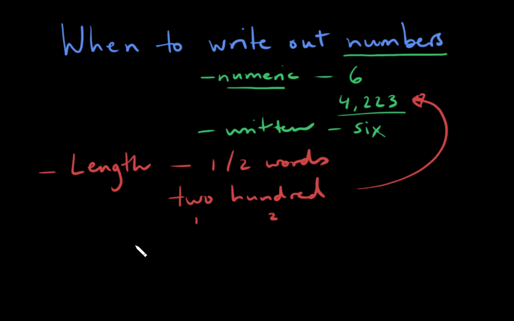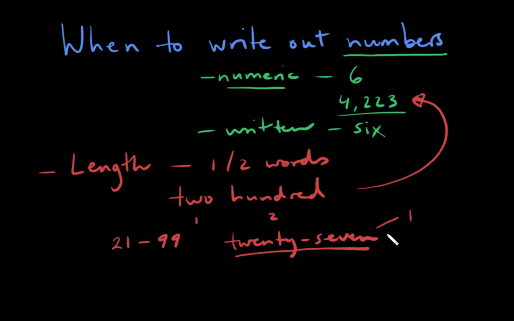Now, a couple of minor details here. Numbers between 21 and 99 are often hyphenated, so we would write 27, let's say, and this counts as just one word. When you're trying to figure out how many words there are, this is just one word.